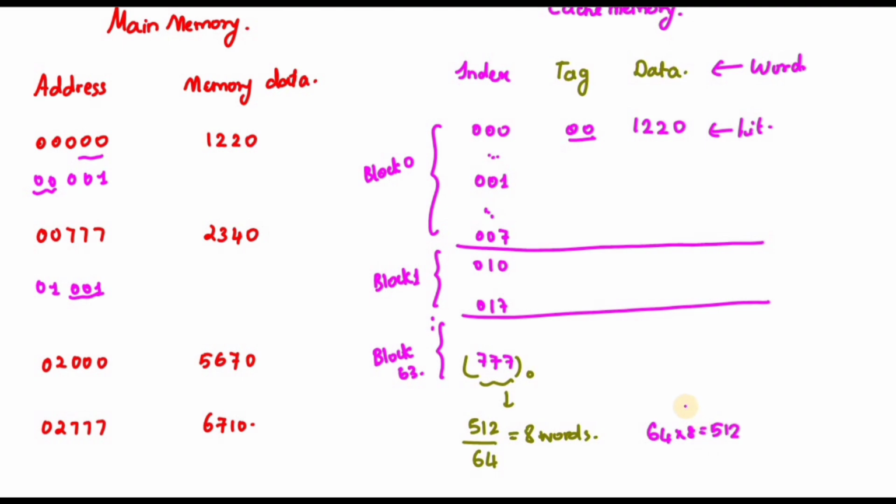And the tag field which is stored within the cache is common for all those 8 words of the same block. So the tag field must be same. If this is 01, I'm going to make this one as 01. Likewise, if this is block 63, the tag field is 11.